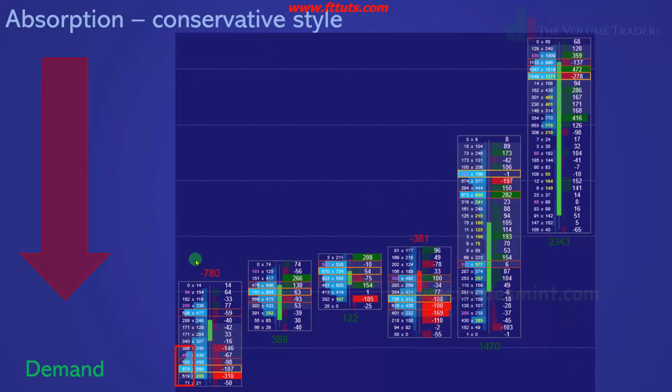And it doesn't matter in this strategy if the rejection candle is bullish or bearish. The focus should be only on the shift on delta. So the move down and rejection. Shift on delta, I mean the change from highly negative to highly positive.